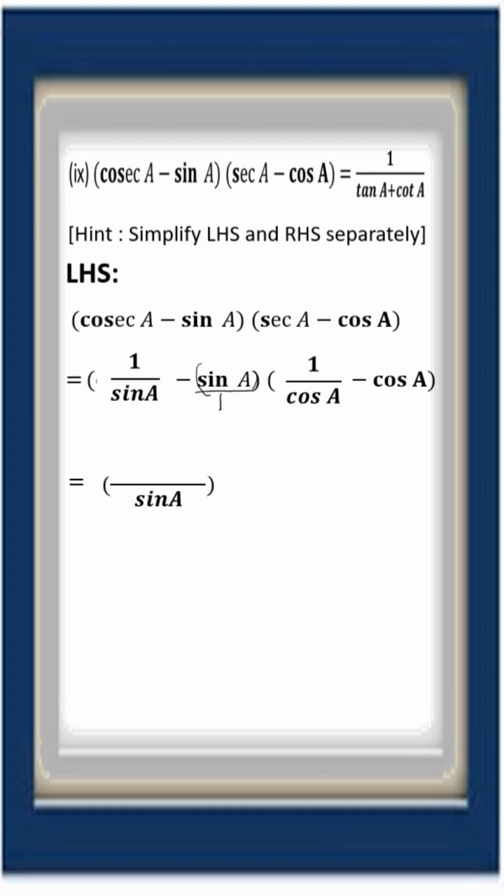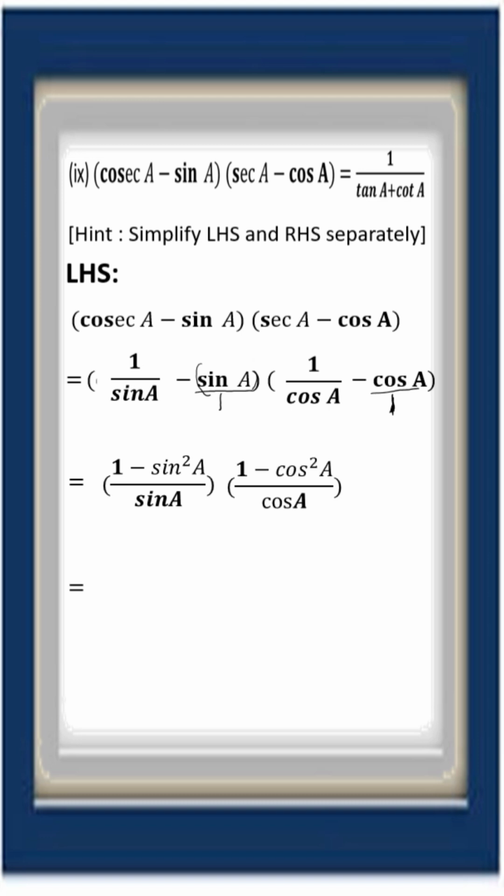You have to multiply both numerator and denominator by sin A. So in the numerator, 1 minus sin square A. Similarly, this part, the LCM is cos A. In the denominator here, 1 will be there. So 1 minus cos square A.